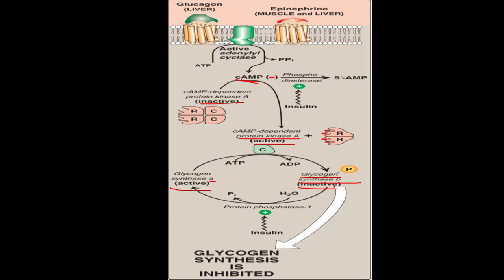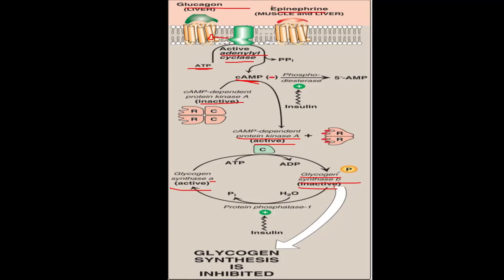Now, cyclic AMP is generated from ATP by the enzyme adenyl cyclase. Adenyl cyclase is linked to a G protein, to the G protein coupled receptors. It is to those receptors that glucagon and adrenaline or epinephrine bind.